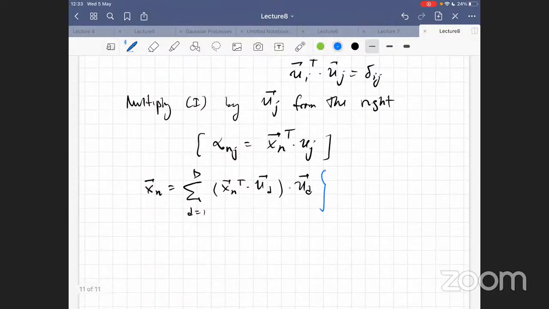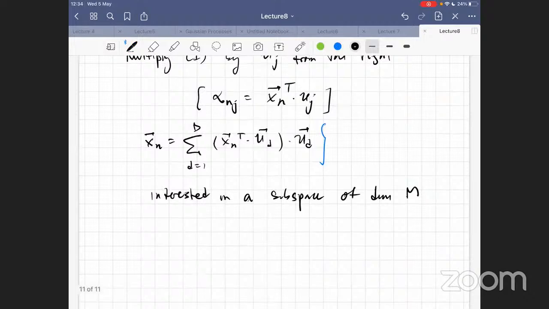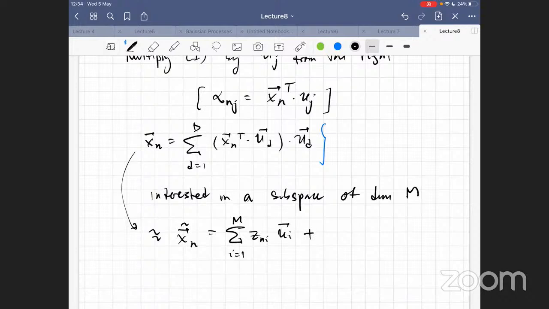Okay, so I have this expression on the one hand, and I am interested in a subspace of dimension m, so I will approximate it by a vector x tilde_n, which is the following: the sum from i=1 to m, so the first m components, of z_ni u_i, and then the rest is another sum from k=m+1 to d of some coefficients b_k and u_k.